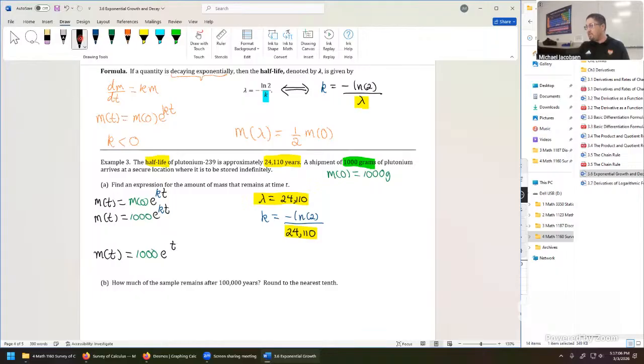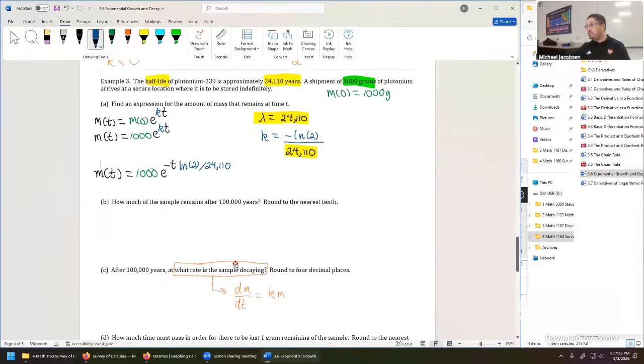There's also a negative sign, so I'm going to go time, negative here, natural log 2, divide by 24,110. So the part in blue is k, but putting the negative in front so we don't accidentally say t minus something, it has to be multiplied. You could put extra parentheses in there, but I think it just reads better, especially in the calculator, if you put it in like that.